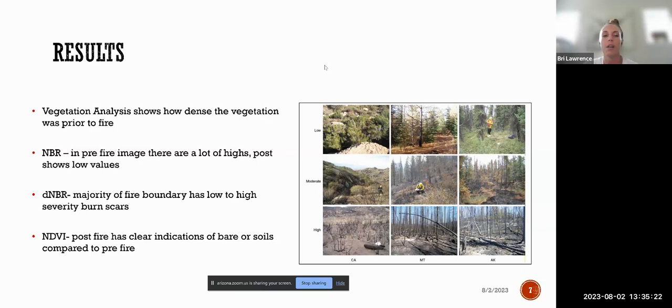For the differenced NBR, the majority of the fire boundary has low to high severity burn scars, and this image shows examples of low, moderate, and high severity. And the post-fire NDVI has clear indications of bare soil compared to the pre-fire.